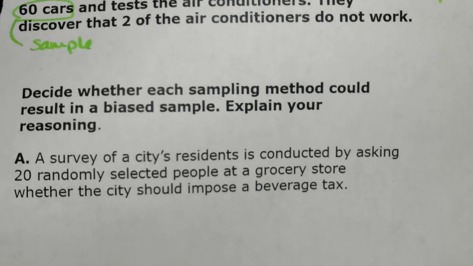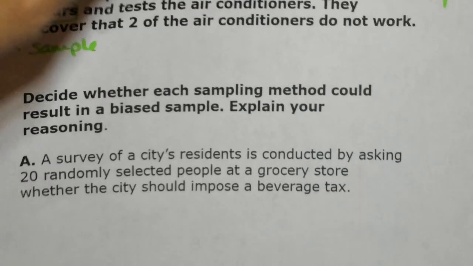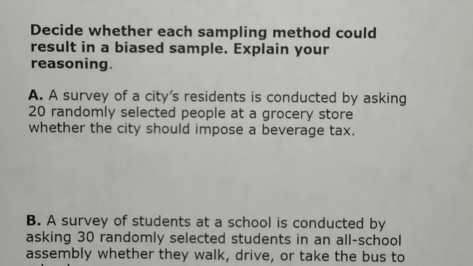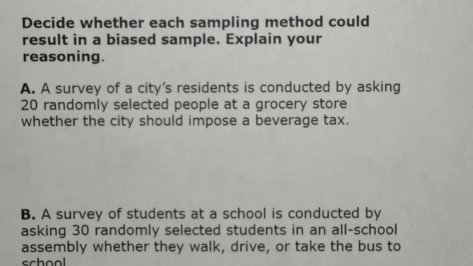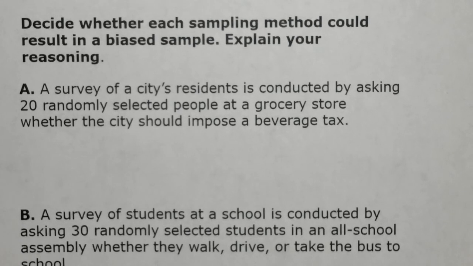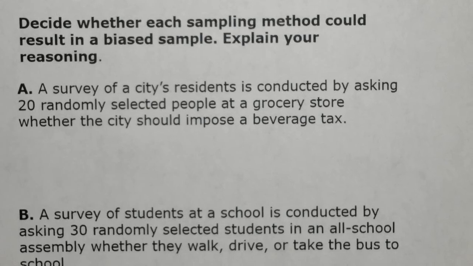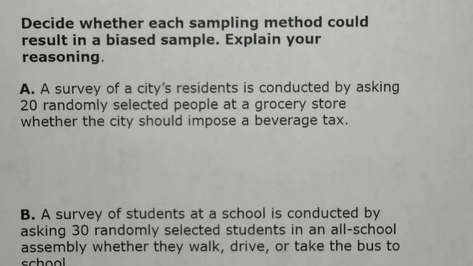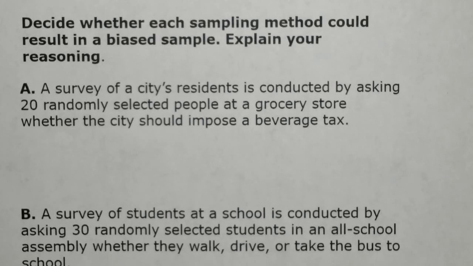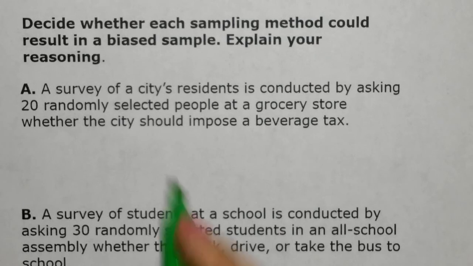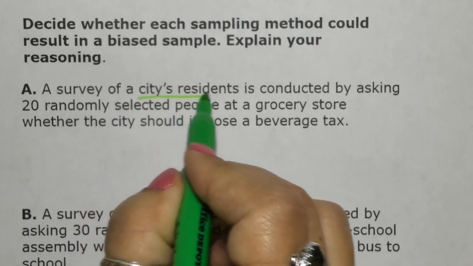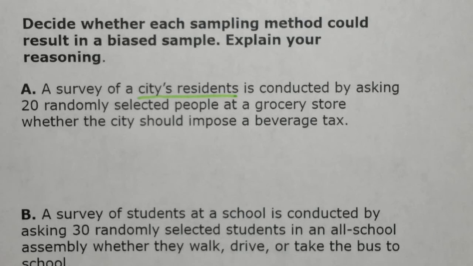Next, decide whether each sampling method could result in a biased sample and explain. A survey of a city's residents is conducted by asking 20 randomly selected people at a grocery store whether the city should impose a beverage tax. The very first question you want to ask yourself is, what's the population? What's the group that I'm trying to gather information on? It's right here: the city's residents.